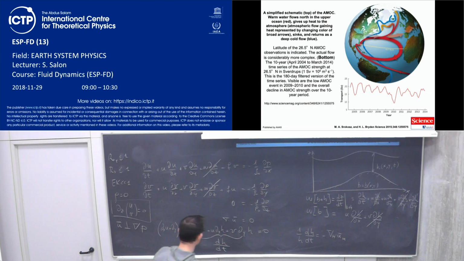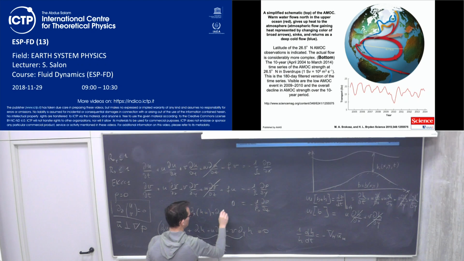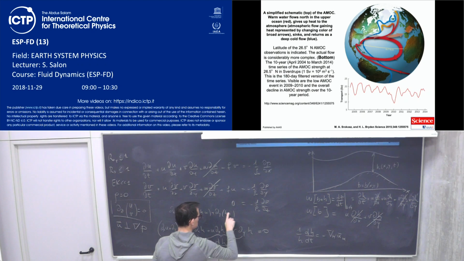So we can also substitute this new equation, and we can simply write it like dH/dt plus dx(HU) plus dy(HV) equal to 0.